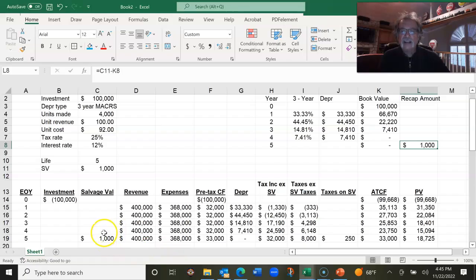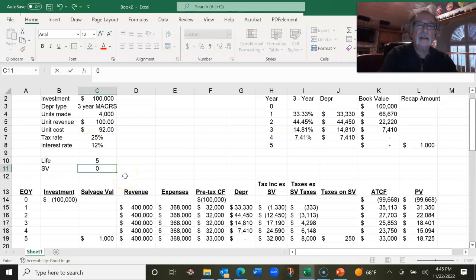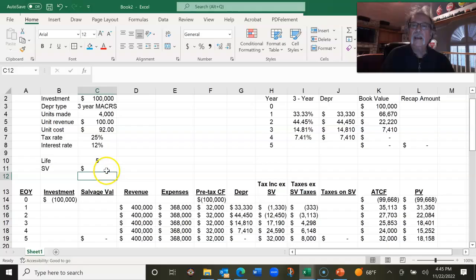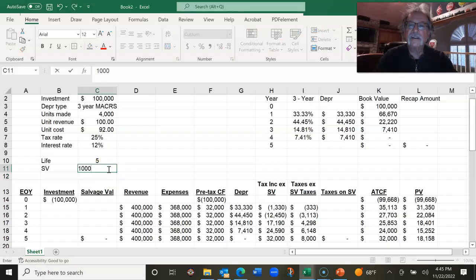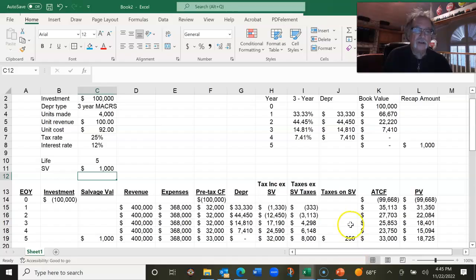So we're going to get the cash of $1,000, and then I'm treating our normal income and expenses separately from my salvage value. If you notice here, if we look at the taxes on income excluding salvage value, if I make this a 0, that column doesn't change. The dollars only change in the taxes on the salvage value column. Just a little clearer way to put this, I think, to help you with the understanding.